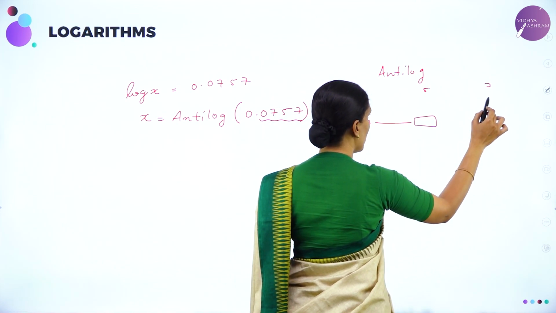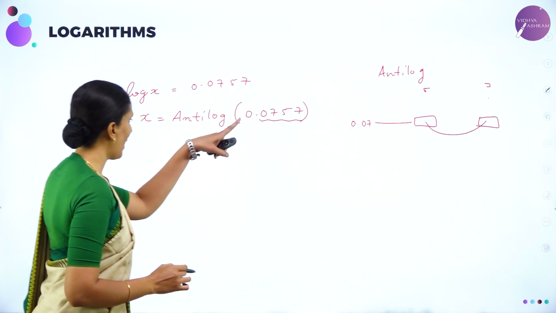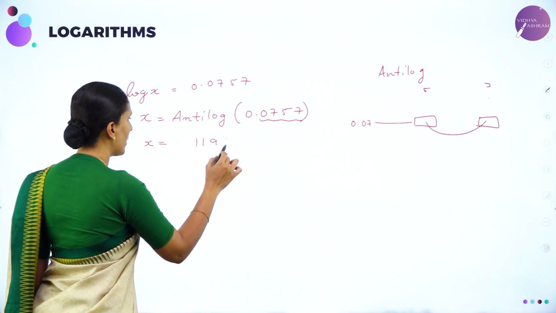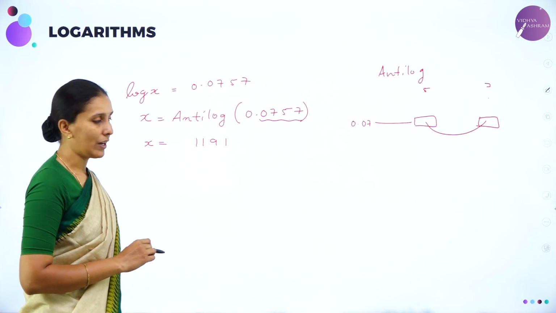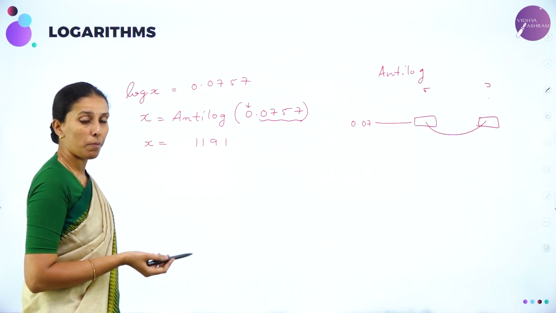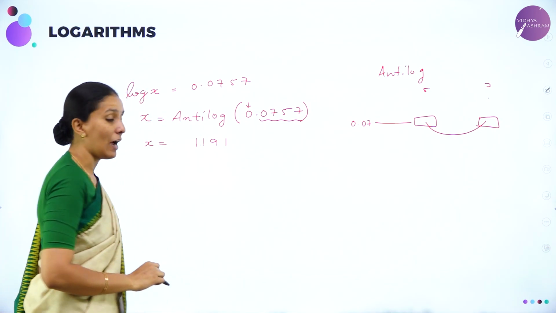In the mean difference, move towards the column headed by 7, add these two numbers. So by verifying this, we'll get the x value as 1191. Now this is the digits we'll get. Now see the characteristic, so it is 0. So 0 plus 1 is 1. So therefore we need to place a decimal point after one digit.